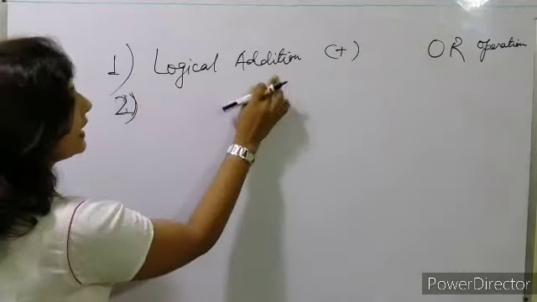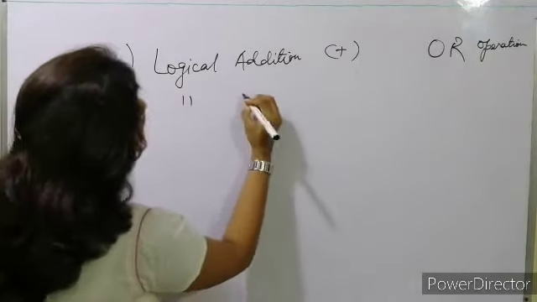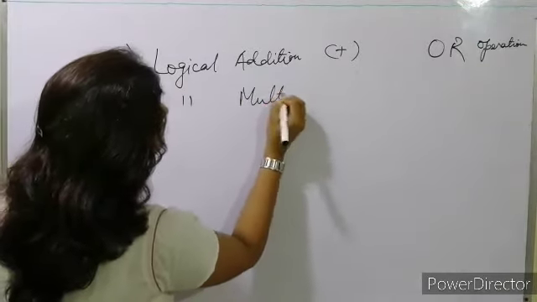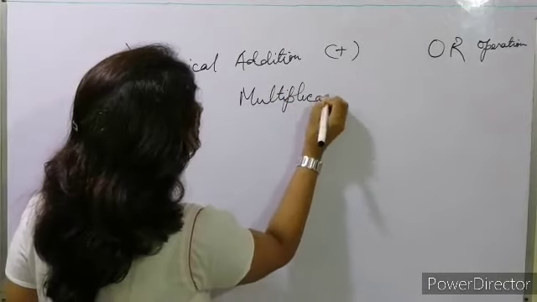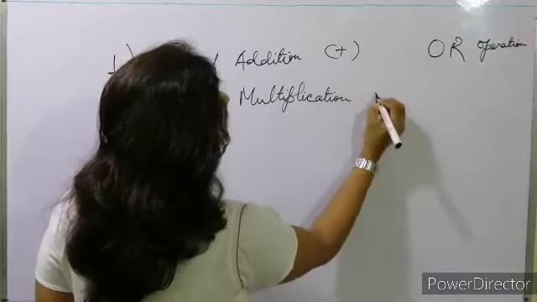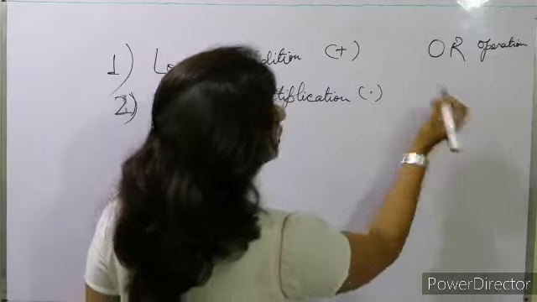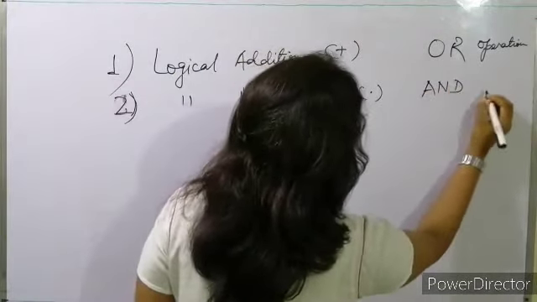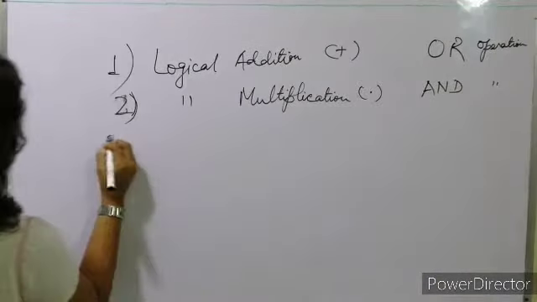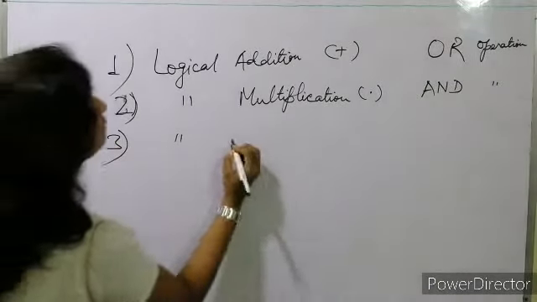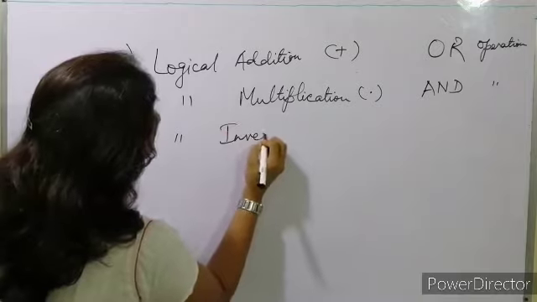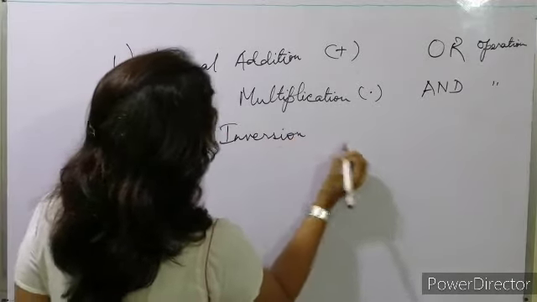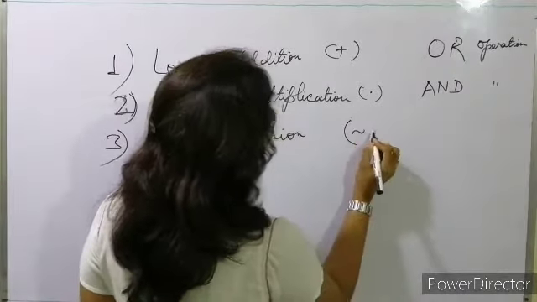First one is logical addition, second one is logical multiplication, denoted by dot, and the circuit AND operation. Now the third one is logical inversion, denoted by NOT.